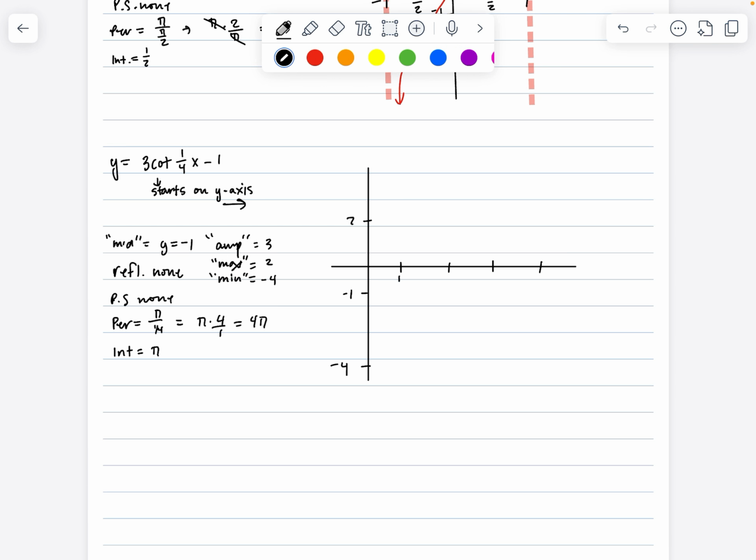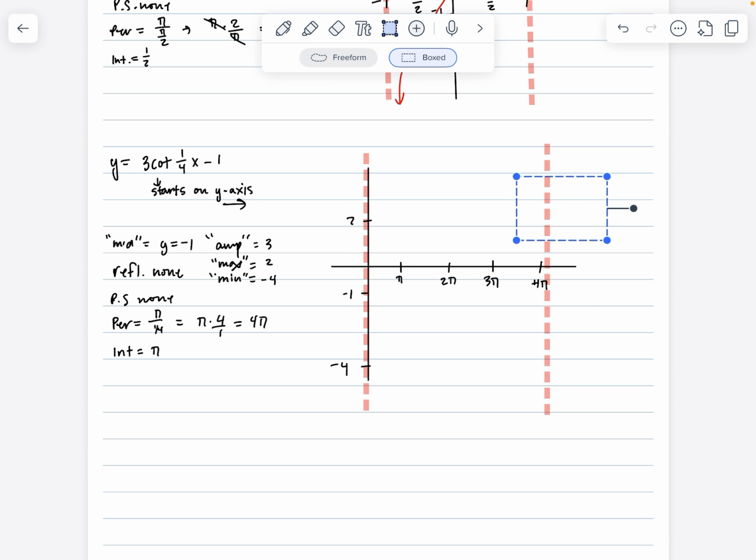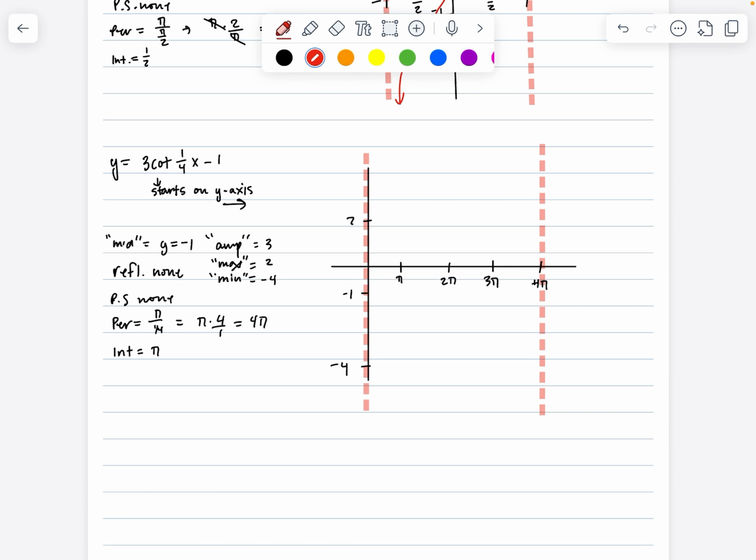Since our interval length is pi, the first one's going to be pi. Pi plus pi is 2 pi, plus pi is 3 pi, plus pi is 4 pi. And a tangent wave and a cotangent wave should always start and end with an asymptote. We start with the asymptote for cotangent, which is nice, at 0 pi and 4 pi.